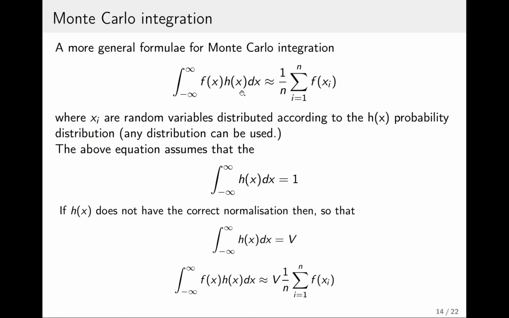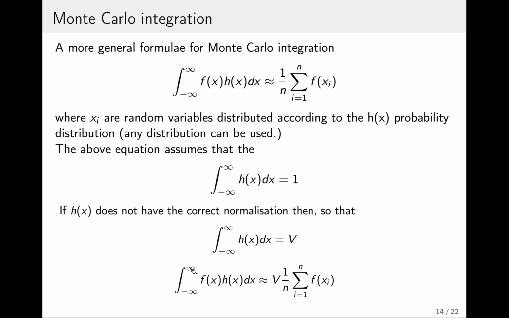Okay, so there are some issues with normalization. The above formula at the moment assumes that if you integrate h(x) between minus infinity and infinity, you should get 1. If it doesn't have the correct normalization, if when you integrate h(x) dx from minus infinity to infinity you get some number which is v, then you have to modify the formula to get the normalization right.